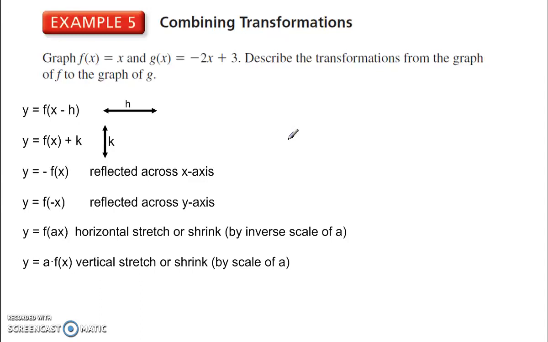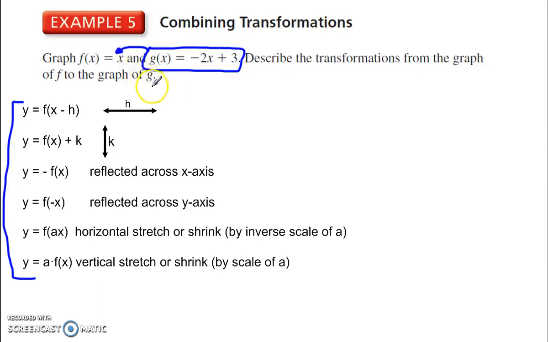If we want to combine them, we need to know our little cheat sheet here. We need to know all this good stuff right here. We want to combine these. Now we have this wonderful function. We're starting out with f of x equal to x, so in this I can replace x with f of x.